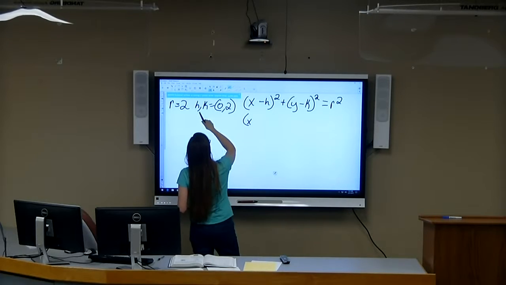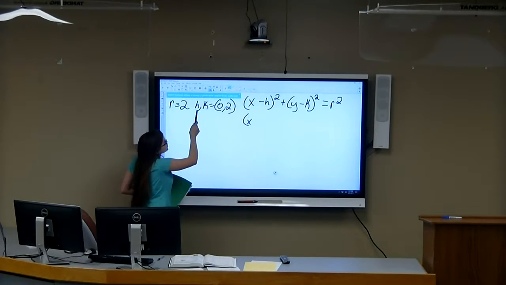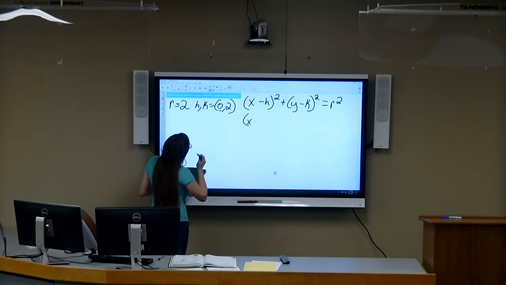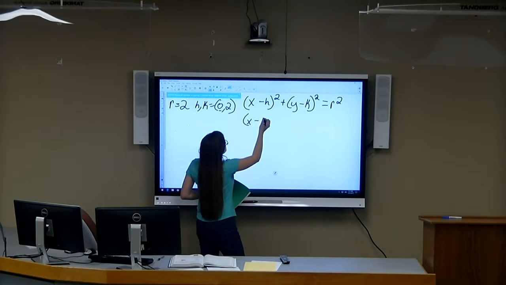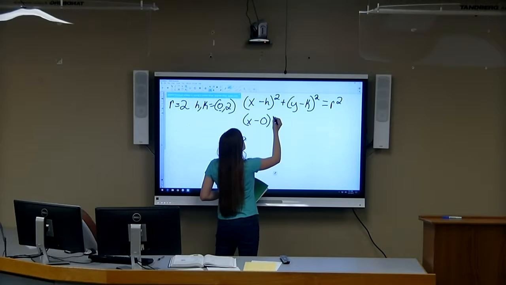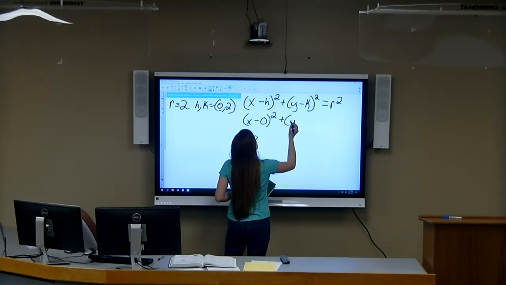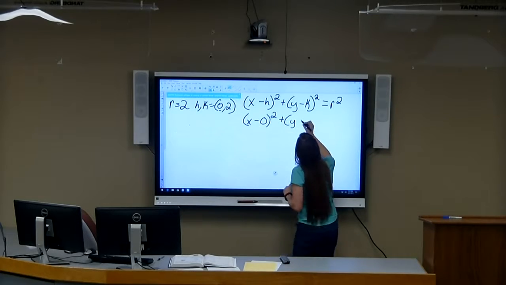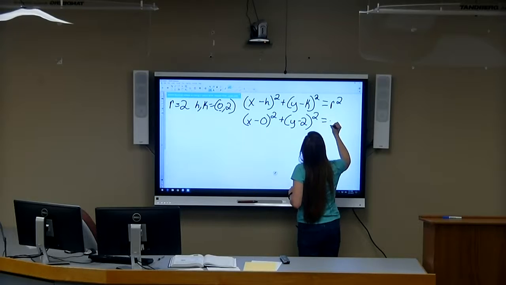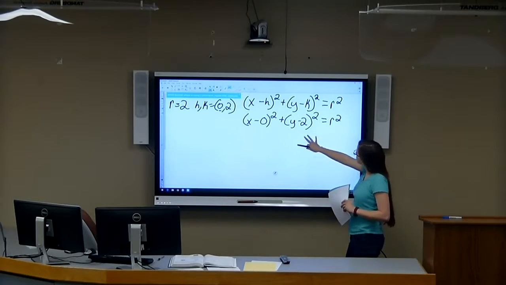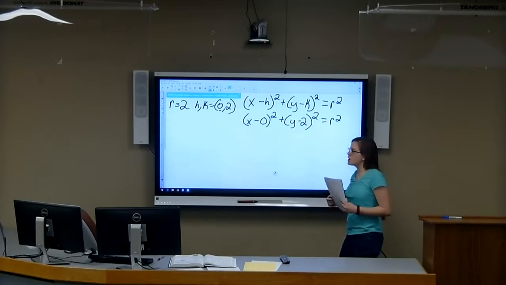Plug in h. h is the first one to come. That's why it shows you h, k like this. So that's a 0, 2 plus y, k, which is the second one, so minus 2 squared equals r squared. Okay? So this is standard form.